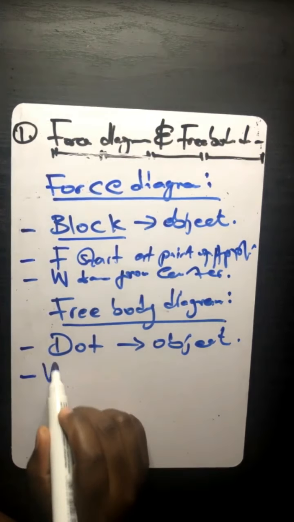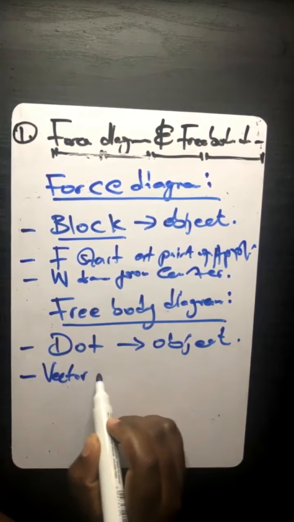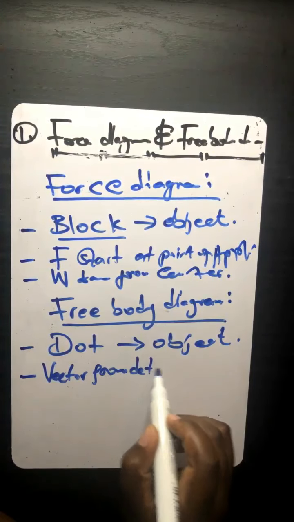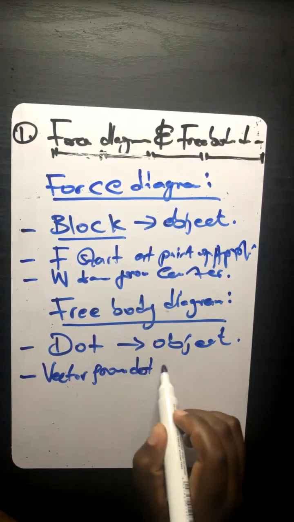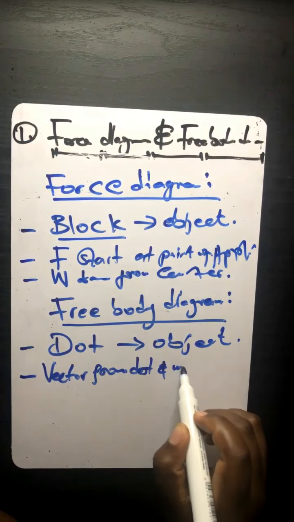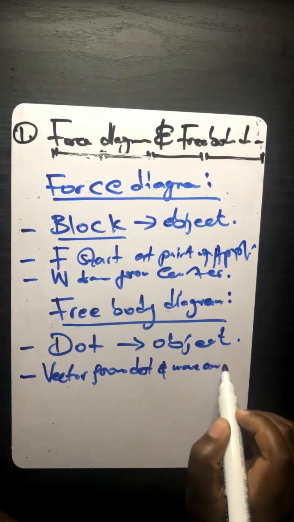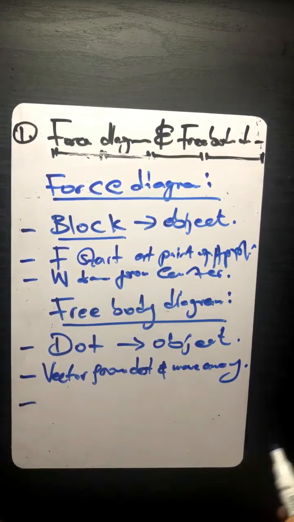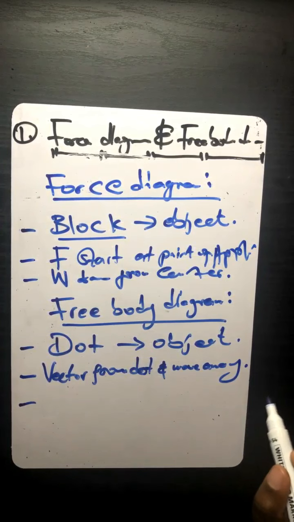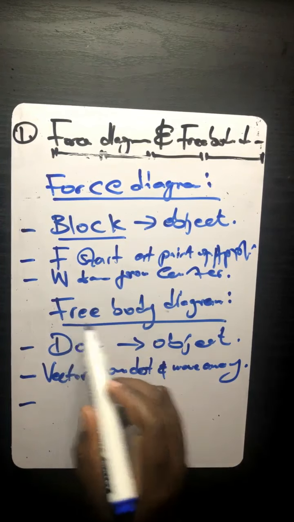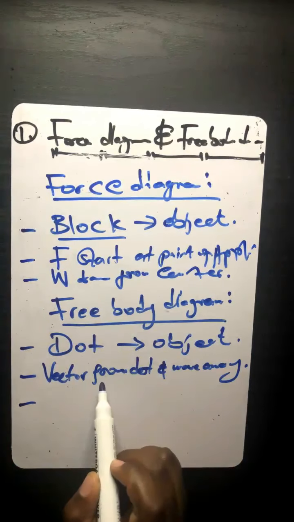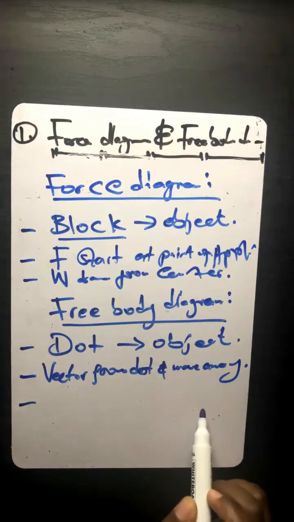So that means the vectors radiate from the dot and move away from it. It doesn't matter how you write it, as long as you remember that in a free body diagram we represent the object by a dot, and we have vectors radiating away from the dot.